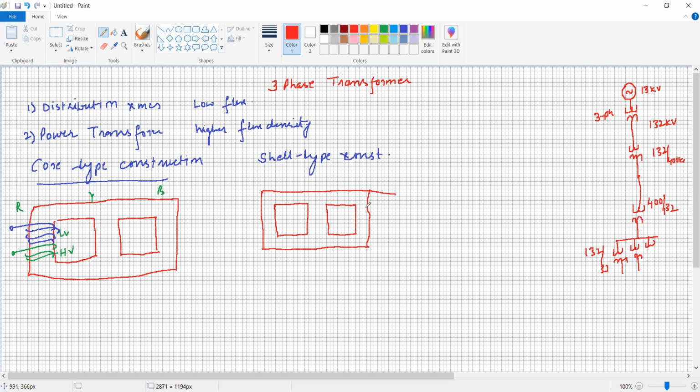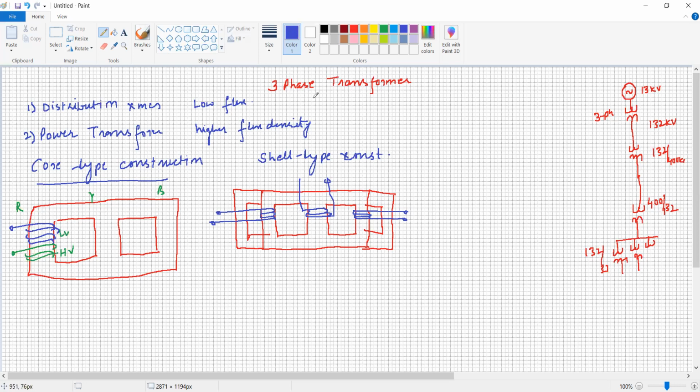And again, we have to put one more core as per the shell construction. We will provide the windings here. This is one winding, this is second winding, and this is third winding. Say these are primary and secondary windings. So this is the extra core we have to put to make it a shell type construction.